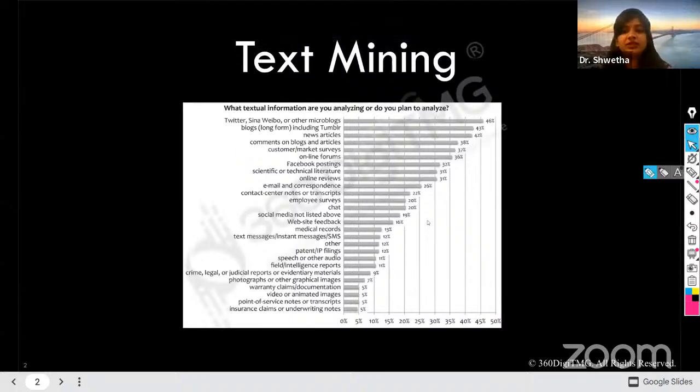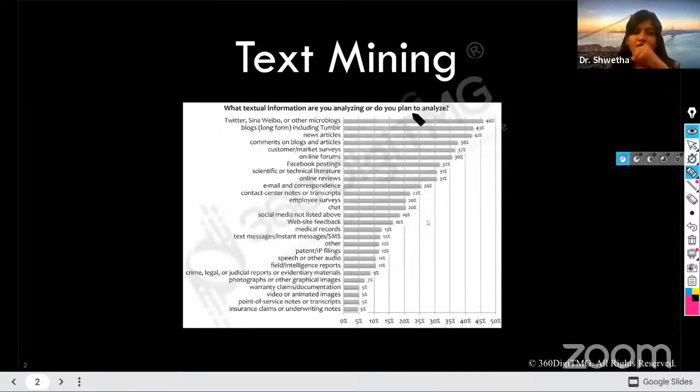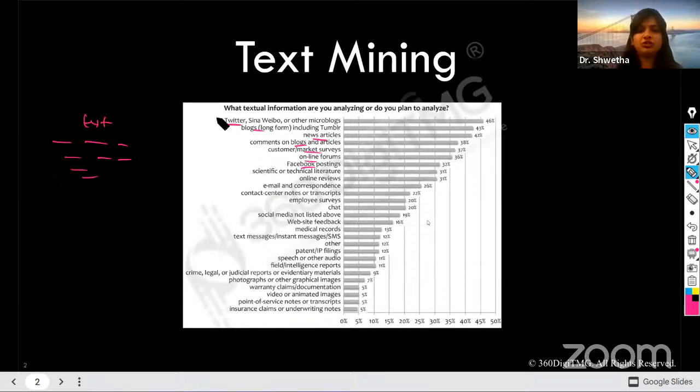Everywhere we look today, it is mostly textual information. For example, Twitter, blogs, news articles, market surveys, online forums, Facebook postings. All these are textual data, which is unstructured. If you want to analyze this huge amount of data, you have to apply text mining techniques.